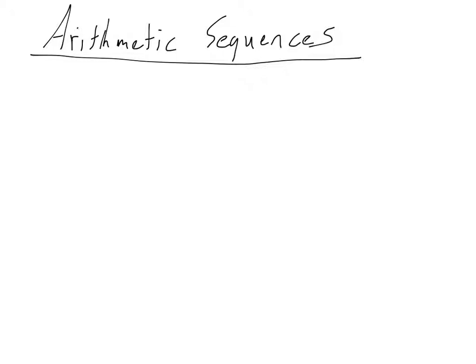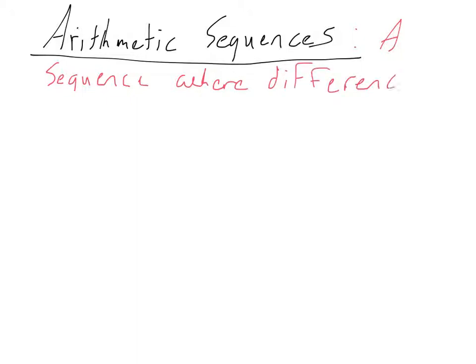So an arithmetic sequence is a sequence where the difference between any two successive terms is constant. Or between any two consecutive terms, I should probably say.